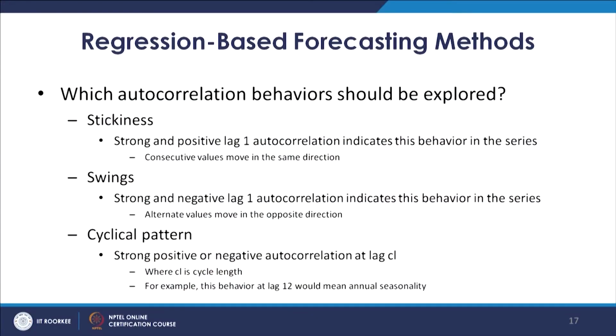Let's look at another autocorrelation behavior, which is swings. When do we observe this swings kind of behavior in the time series? When a strong and negative lag 1 autocorrelation is present, that is going to indicate swings in the series. What does this mean? Alternate values move in opposite directions.